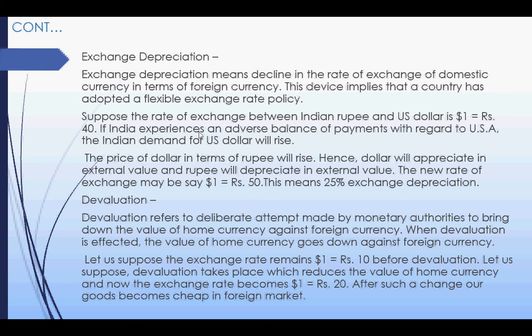This means that 25 rupee exchange depreciation has been done. The external value of the American dollar increases and the external value of Indian currency goes down due to the exchange depreciation. Then the Americans purchase more and more goods from India. Those exports from India increase.